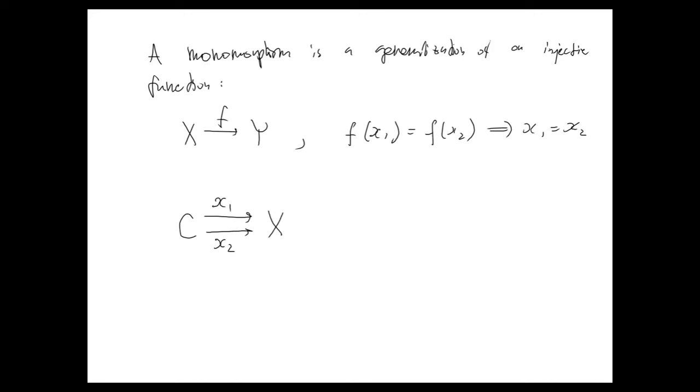And then if you recall, evaluating a function at an element in the language of generalized elements just corresponds to composition. So now my condition says that for every such diagram of x1 and x2, if f composed with x1 equals f composed with x2, then x1 must equal x2.